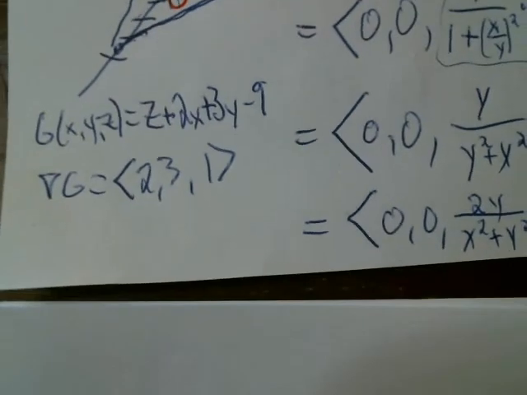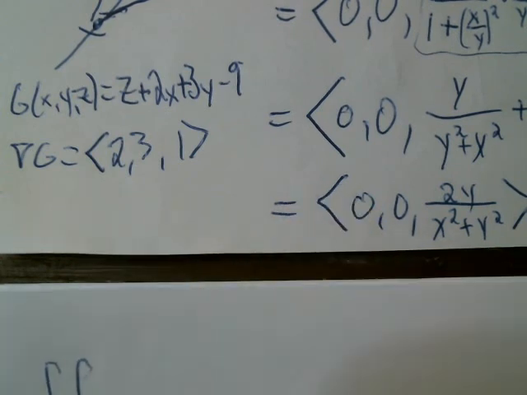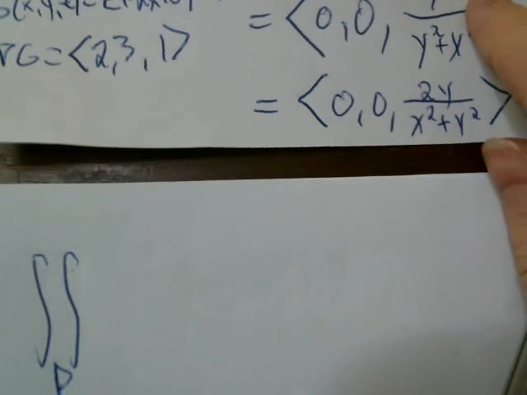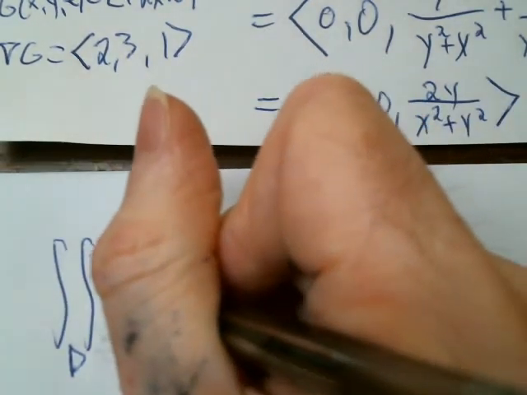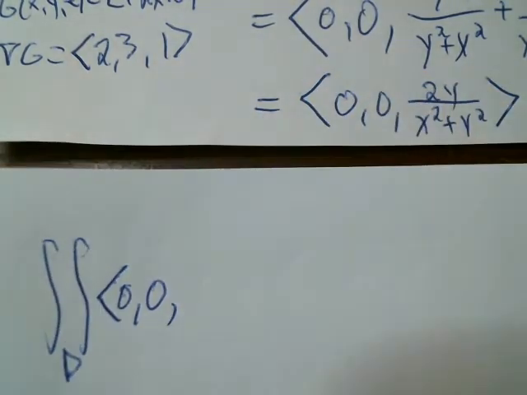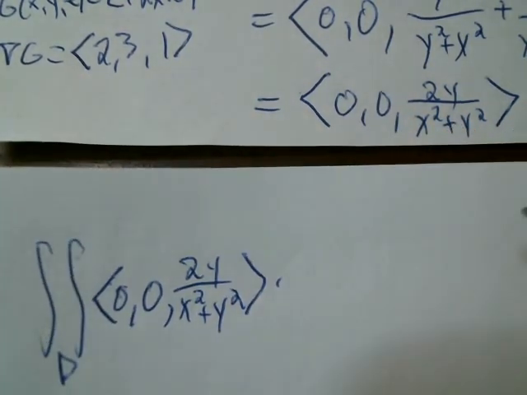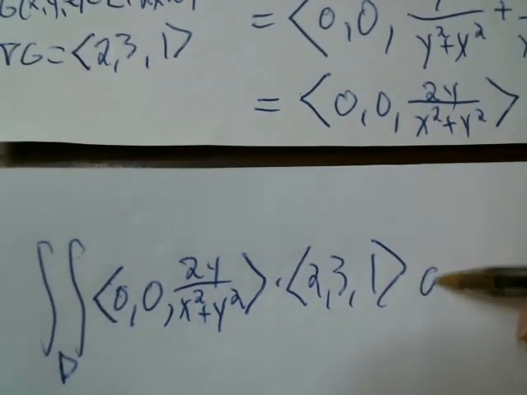Okay. Now, finally, I'm ready for my integral. So I have this double integral over this polar region, which the book usually calls D, of the dot product of our curl with this gradient vector, and then dA.